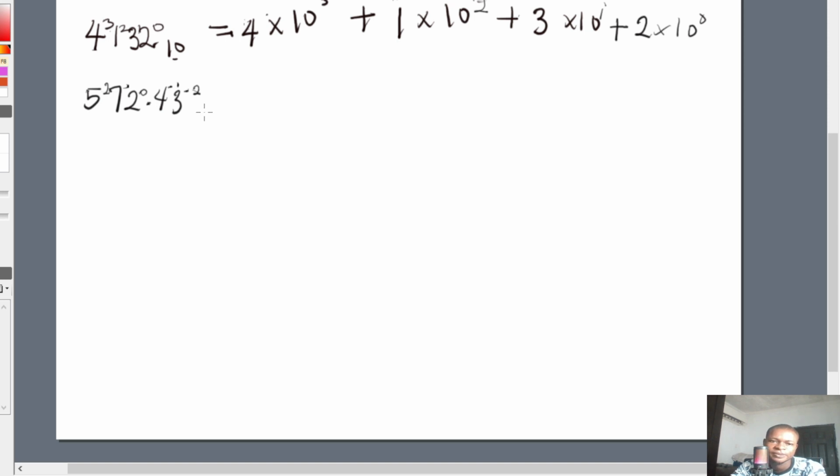So how can I expand this? This is expansion form converted to base 10. Remember that this is base 10 already, but I still want to convert to base 10. So this is the first approach I will use.